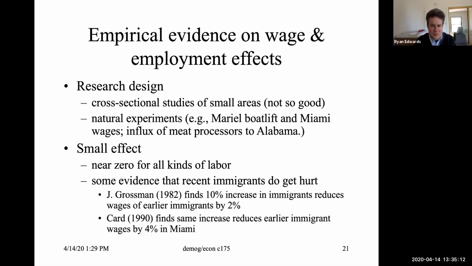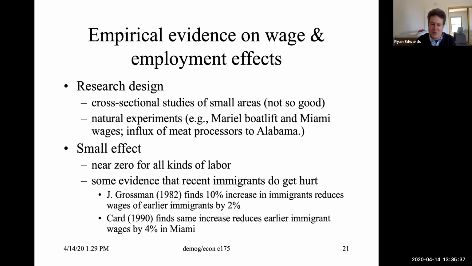And so here are some citations from literature that now seems so distant in the past, almost 40 years ago now. This paper by Grossman: a 10% increase in immigrants reduces wages of earlier immigrant waves by 2%. And David Card, in his study of the Mariel boatlift, finds the same increase reduces earlier immigrant wages by 4%.